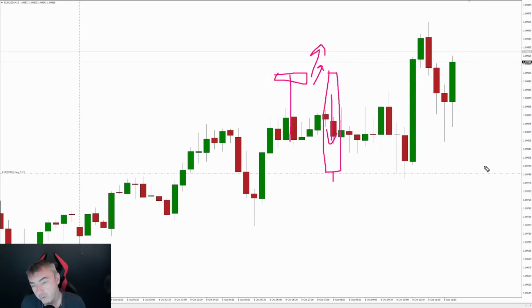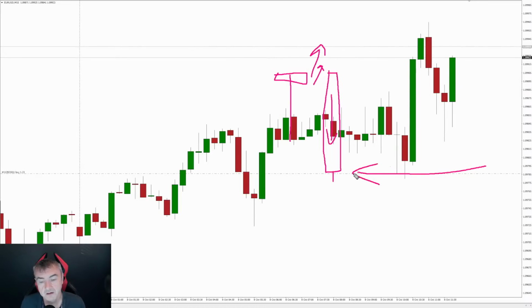So I have always been taught to wait for candle close, wait for confirmation, because if you're getting in the middle of a candlestick and you're trying to read price action, you are basically using a coin flip as to whether or not, from the point that you enter until the end of the candlestick, it's done what you want.